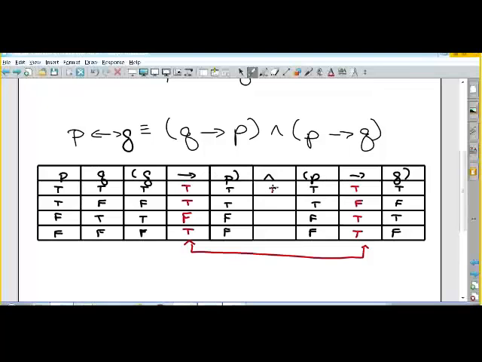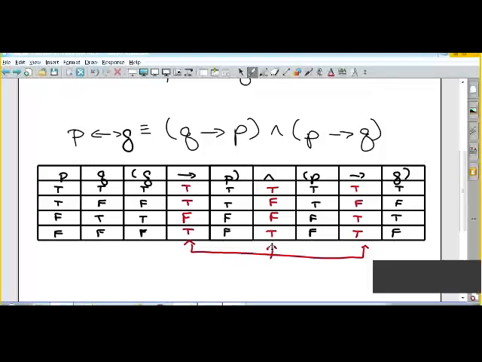So we have true and true, so that one's true. And the last one, we have two trues, and the other ones contain at least one false. So that's what the truth table for the biconditional is.